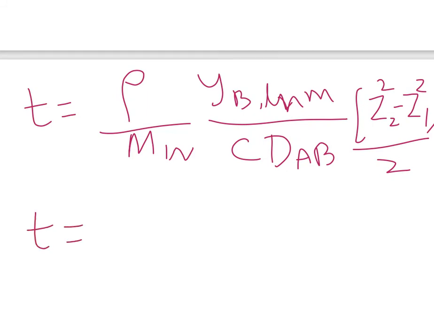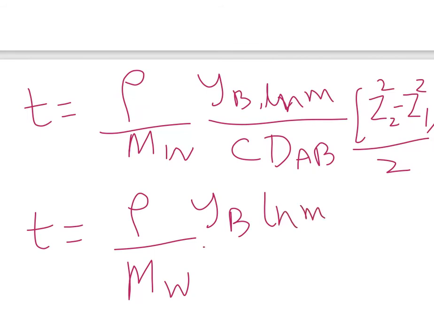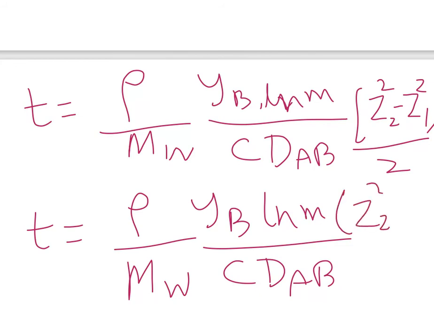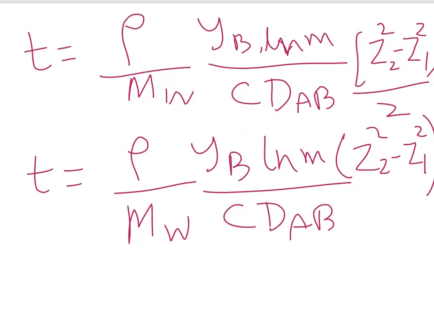If you have the equation, you can use it directly. C DAB, and this multiplies Z2 square minus Z1 square. Rho is the density of liquid. MW is the molecular weight of liquid. YB ln mean you will find, okay, how?